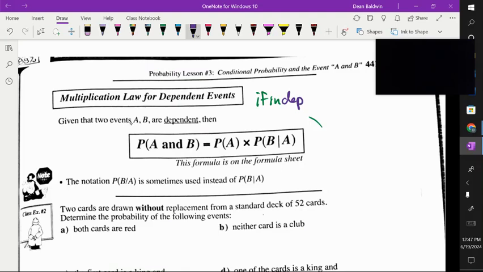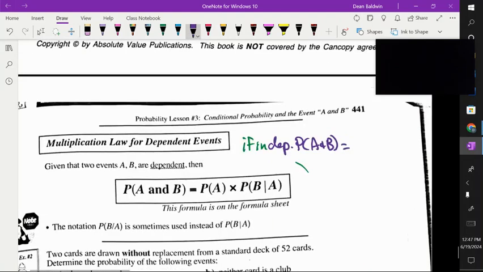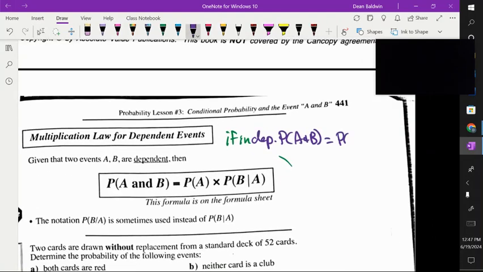If independent, then the probability of A and B equals, if they have no relation to each other, then the probability of A and B occurring is just the probability of A times the probability of B. Okay?